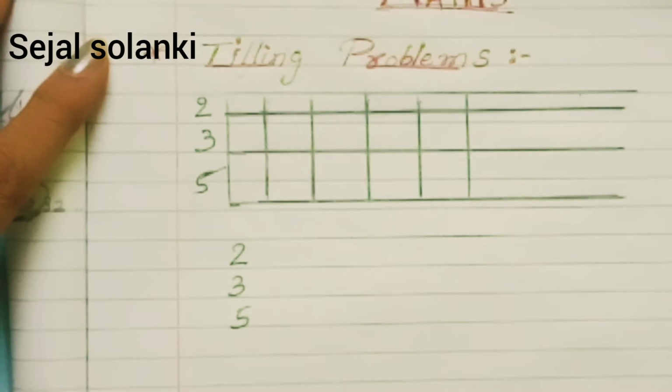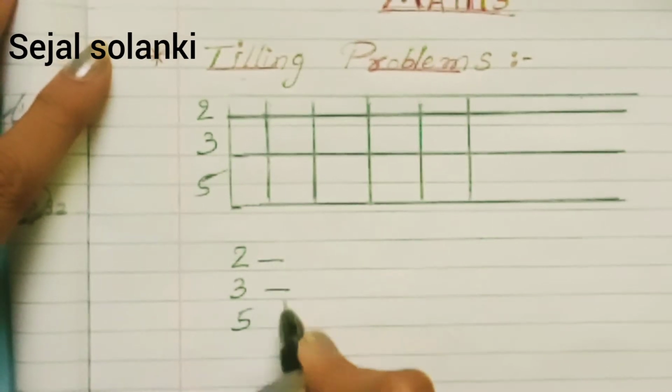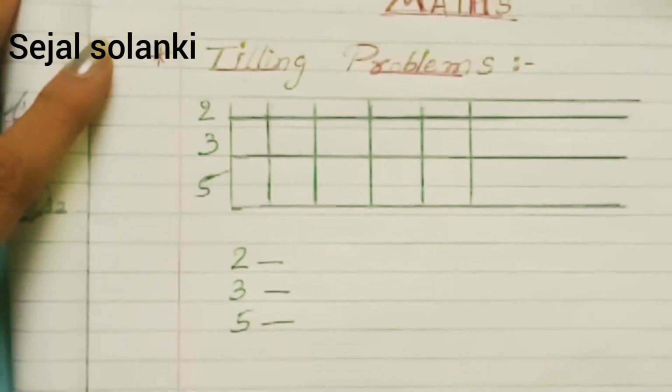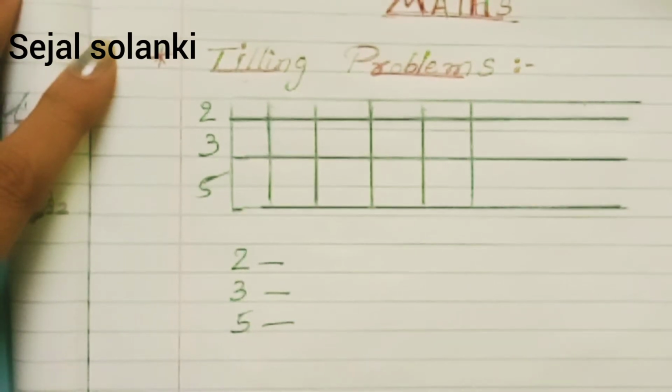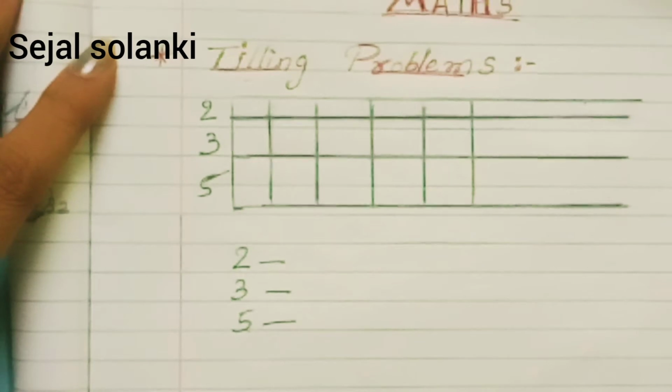Now to find that shortest path, we have to find out the multiples of 2, 3 and 5. And from that, we will find the least common multiple. We will find the common multiple, but the smallest common multiple.